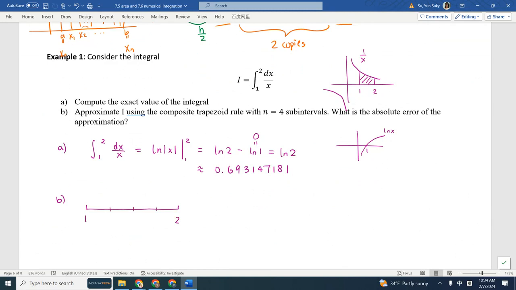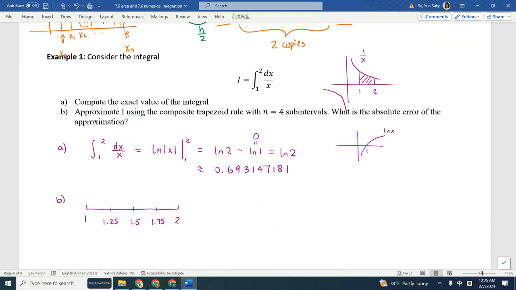What's the midpoint of 1 and 2? 1.5. And the midpoint of 1 and 1.5? 1.25. And the midpoint between 1.5 and 2? 1.75. Is that okay, everybody?